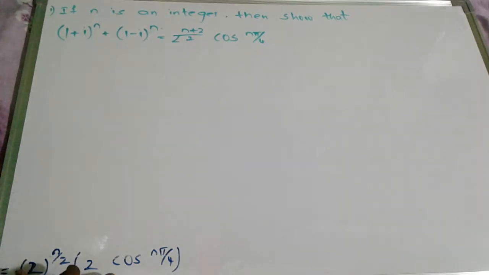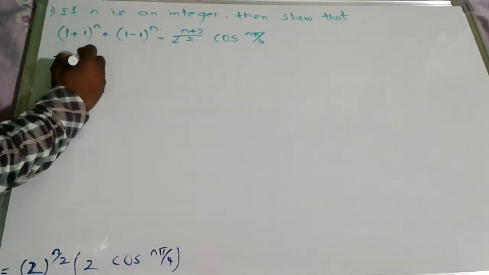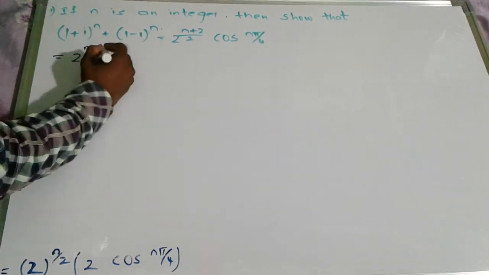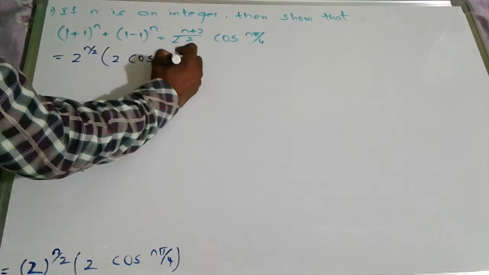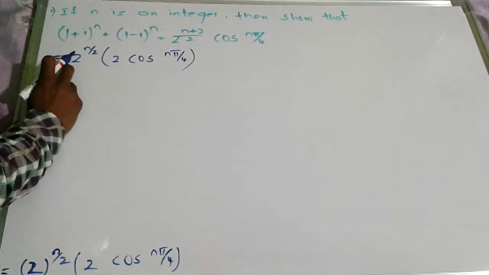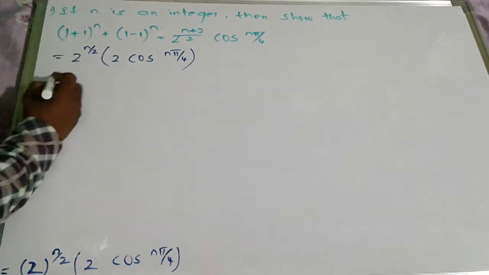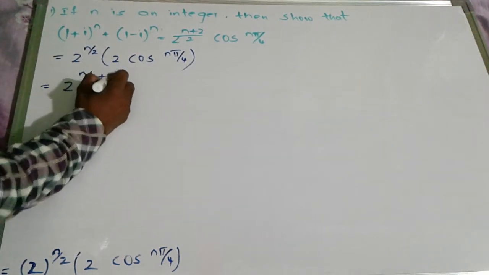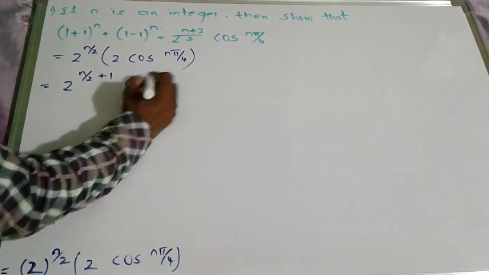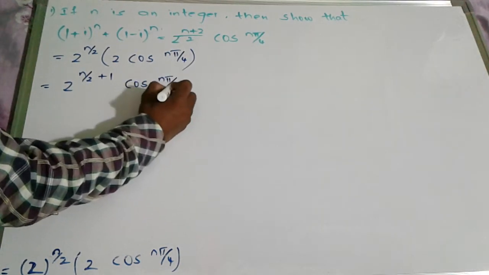So I am writing this last step over here again. That is 2 power n by 2 times 2 cos n pi by 4, right? Here the bases are equal, so the powers should be added, right? So 2 power n by 2 plus 1 cos n pi by 4.